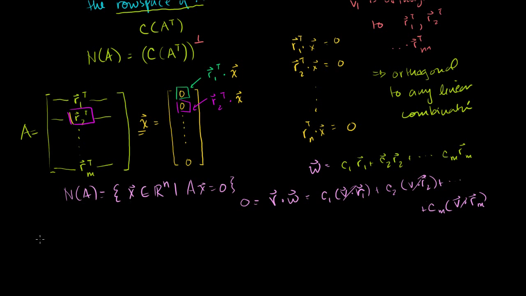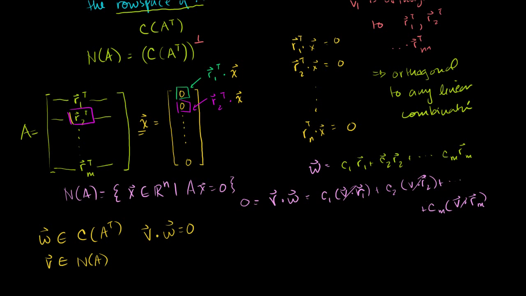So if W is a member of the row space, which you can represent as the column space of A transpose, and we know that V is a member of our null space, then V dot W is going to be equal to 0. I just showed that to you right there. So every member of our null space is definitely orthogonal to every member of our row space.